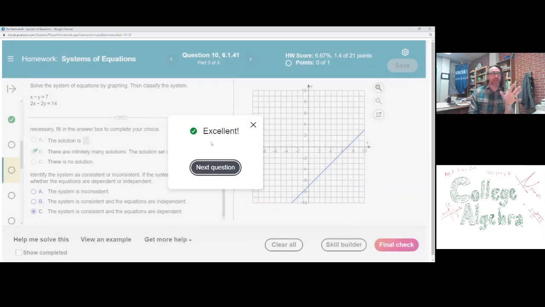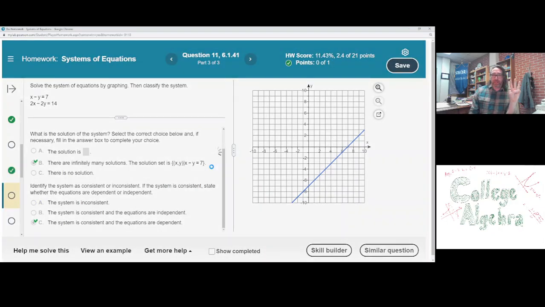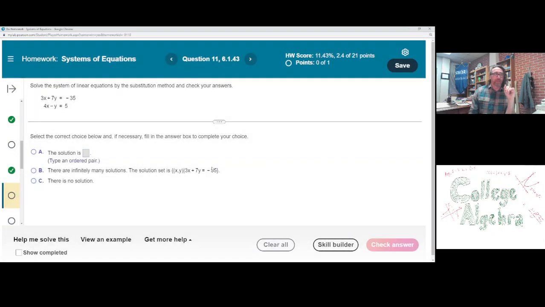So now we've seen examples of all three varieties. We've seen consistent, independent, exactly one solution. We've seen inconsistent, no solutions, the lines are parallel. And we have seen consistent, dependent, where any solution to the first equation is also a solution to the second equation, meaning the lines actually coincide, the graphs are the same.